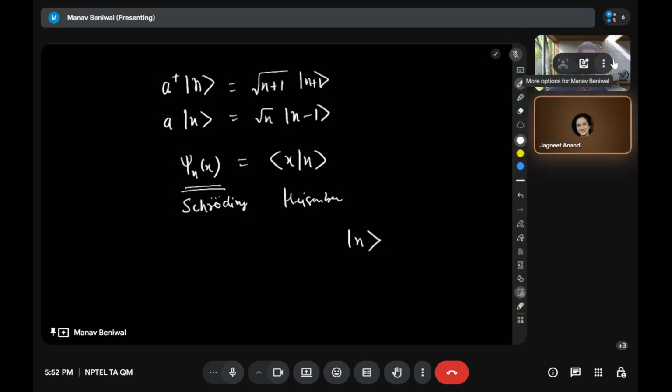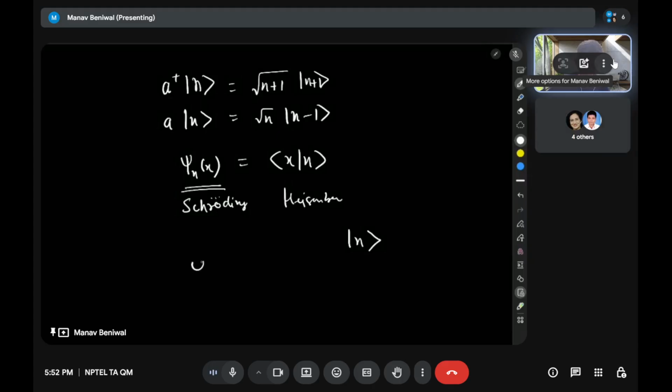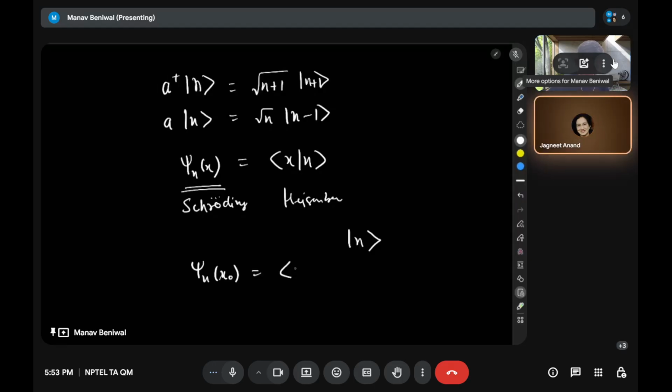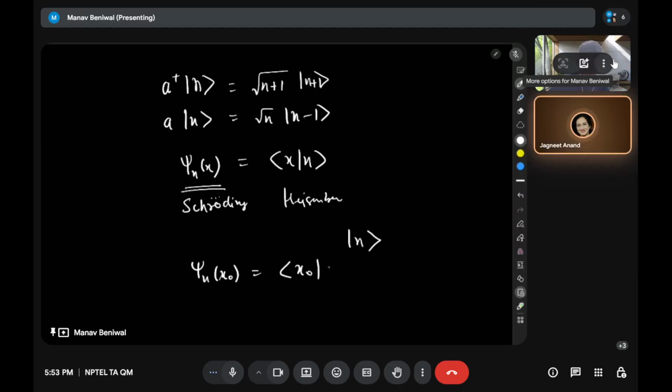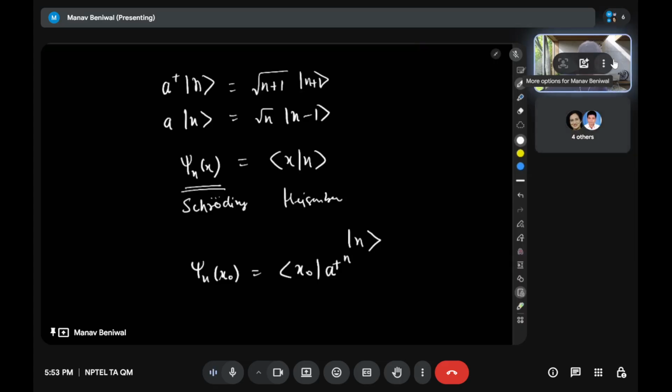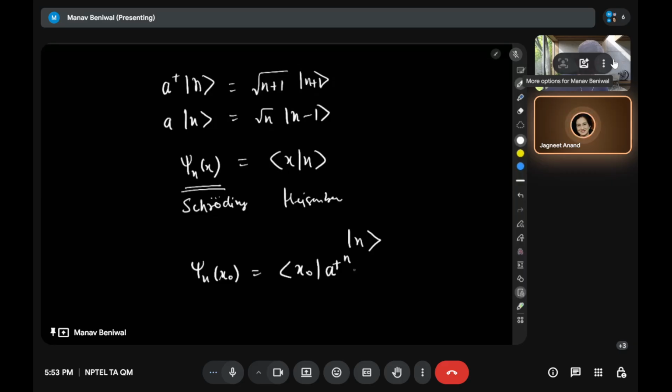Then she said that psi n of x is equal to bra of x, then a dagger to the power n divided by the square root of n factorial, and then ket of 0.